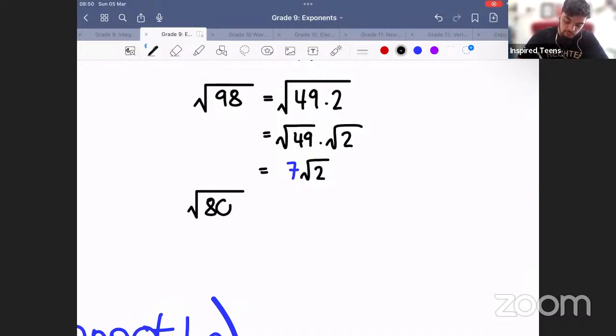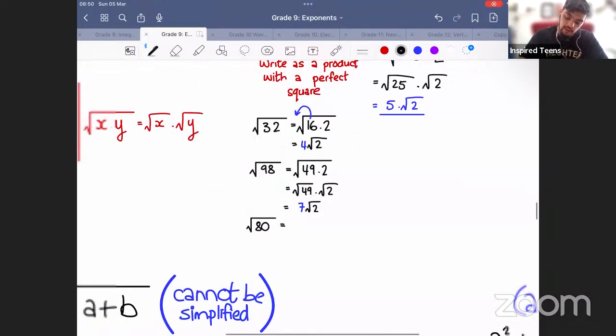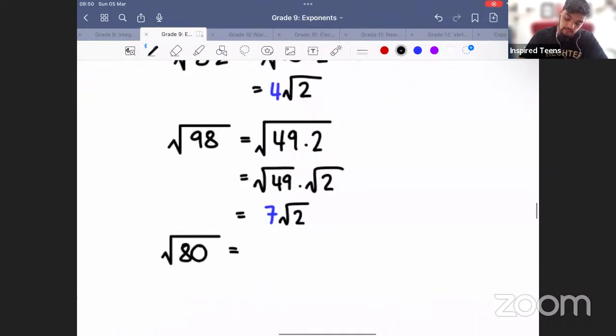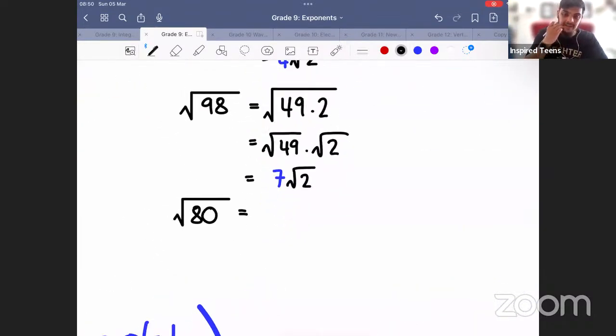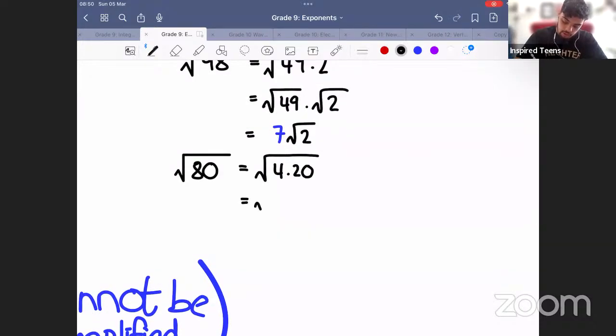We've done 80 already, I think. Oh, no, we didn't. Let's just say you don't find the highest value. Just say you chose 4, which is a perfect square. So you chose to express this as 4 times 20. Then you got square root 4 times square root 20. Then you got 2 root 20.